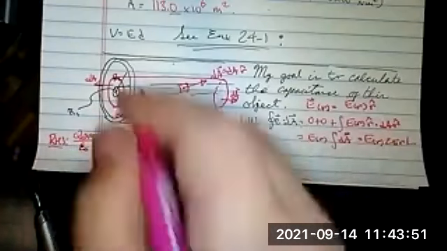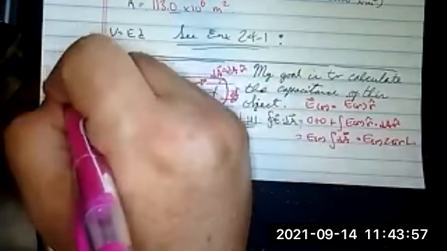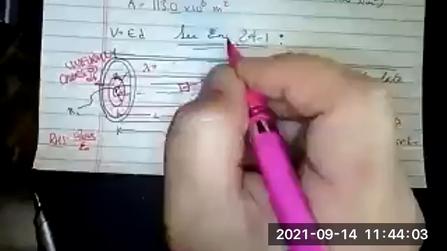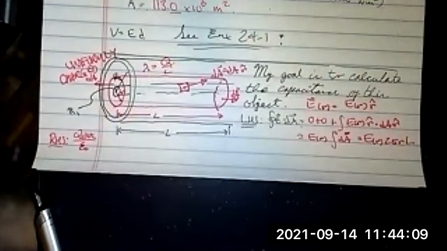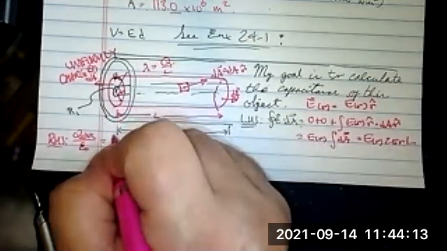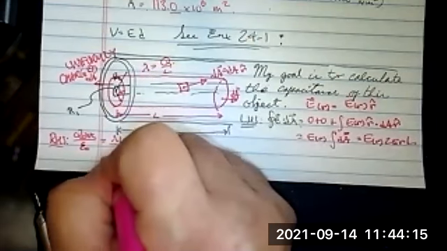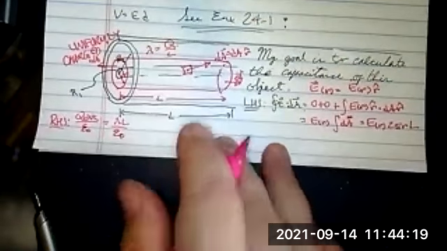Now we assume this was uniformly charged, so that lambda is equal to Q over L, where Q would be the total charge. Does that make sense? So Q enclosed in this case is just going to be lambda times L, and then over epsilon naught. So that's the right-hand side.